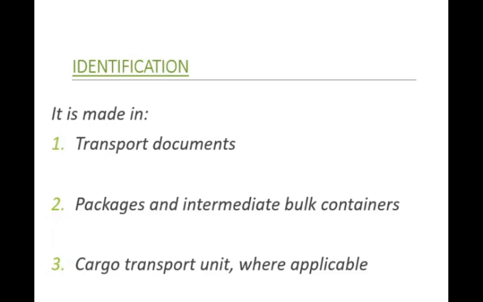The second way of identification is in the packages and intermediate bulk containers. I will show you a few of this in the latter stage of this session. The third way in which dangerous goods can be identified is in the cargo transport unit themselves.